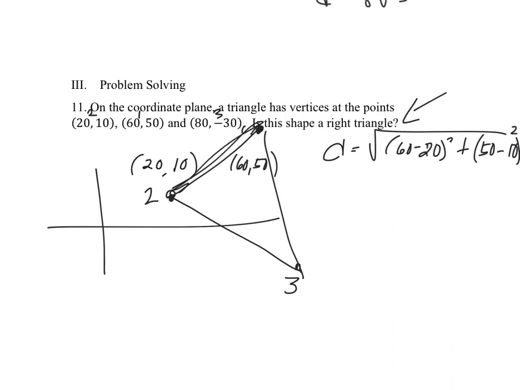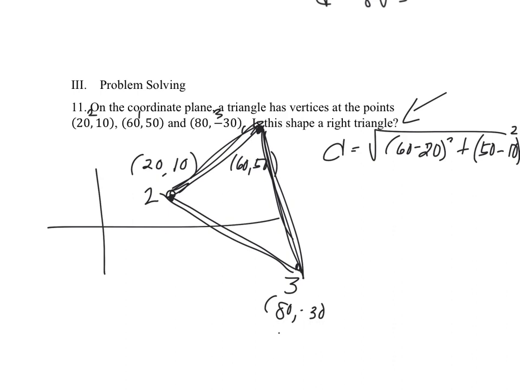You're going to find this distance between 2 and 3. So 3 is 80, negative 30. And you're going to find this distance between 3 and 1. And then when you get those 3 values, put them into the theorem itself. Then you'll solve and you'll see, is it a right triangle or not? So take a moment and do that.